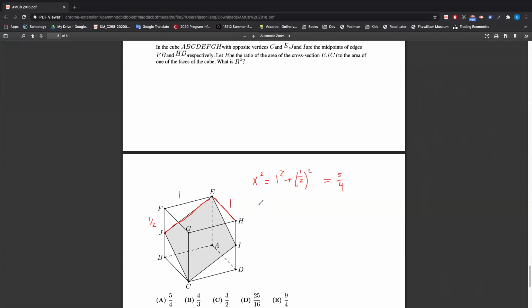So that means that x is the square root of 5/4. And if we find the area of the square now, that's going to be the square root of 5/4 squared.